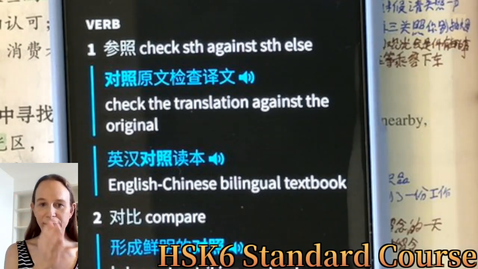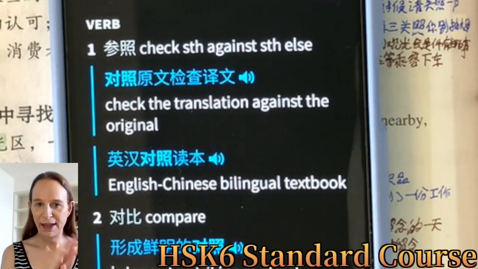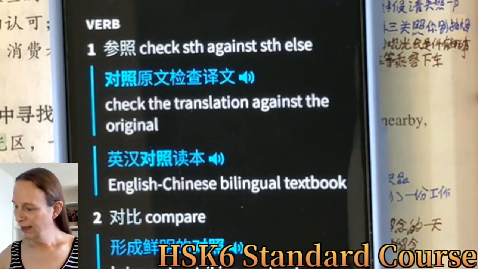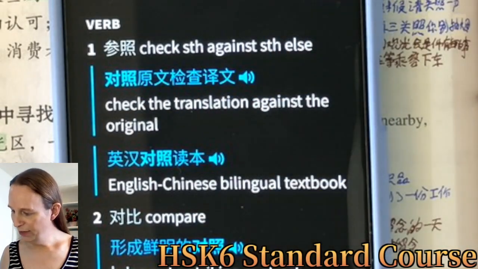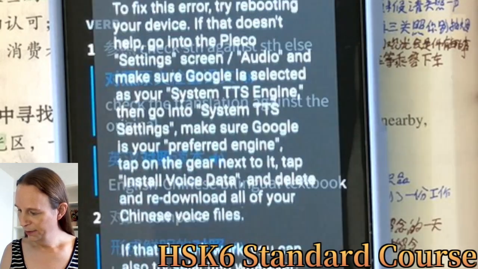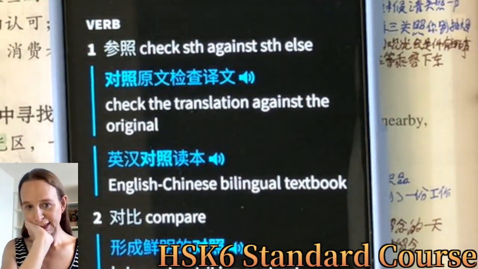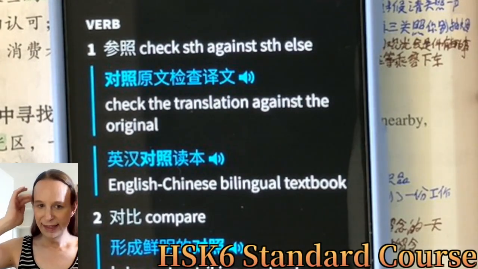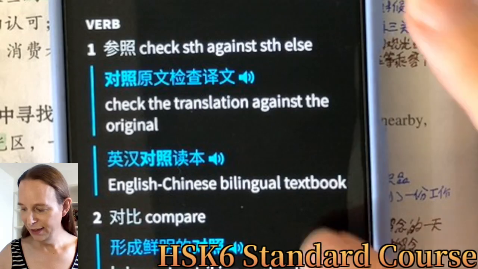So compare with the original text and inspect the translation. Oh, okay, so this is like check the translation against the original. Is it against the original or just do both of these things? I guess this is correct.